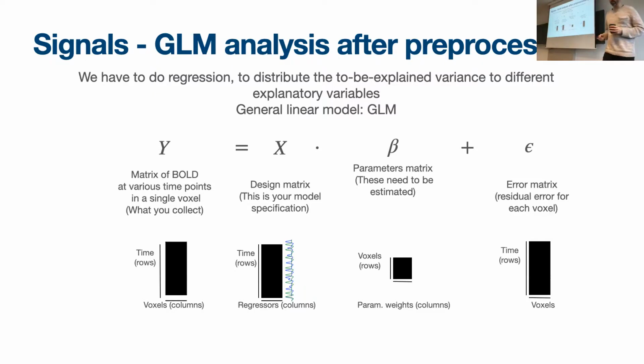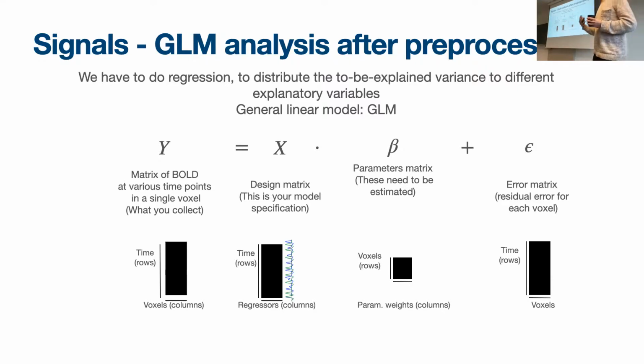Now, what we want is for this combination to explain as much as possible of the data, and for this to be as small as possible, right? Because that means that we have a lot of knowledge about the generative mechanism behind our data, right? If we understand fully the processes that caused our data to be shaped the way they are, then we can explain everything and we would hardly have any residual error.